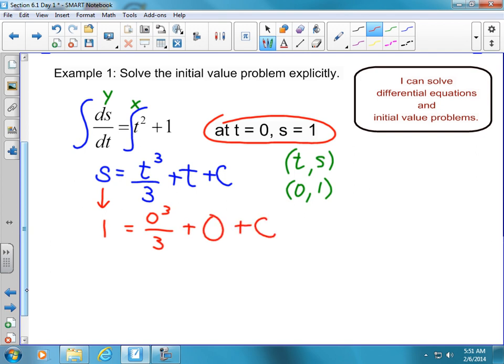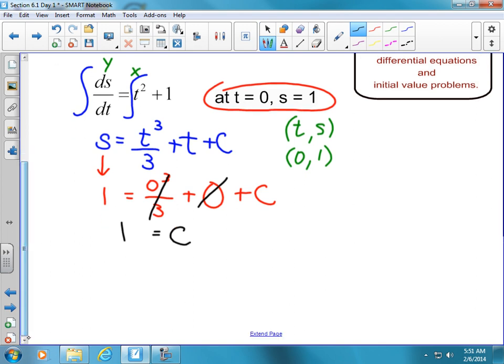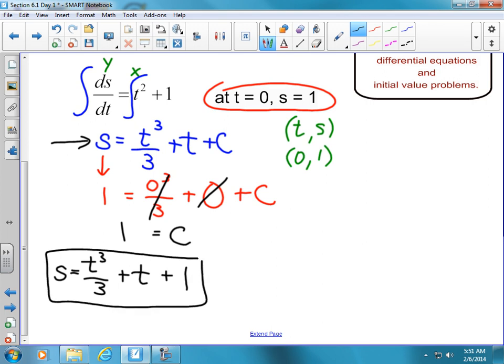Therefore, this is nothing and this is nothing, therefore c must equal 1. So our particular solution is going to be this equation with c implanted. So s equals t cubed over 3 plus t plus 1.